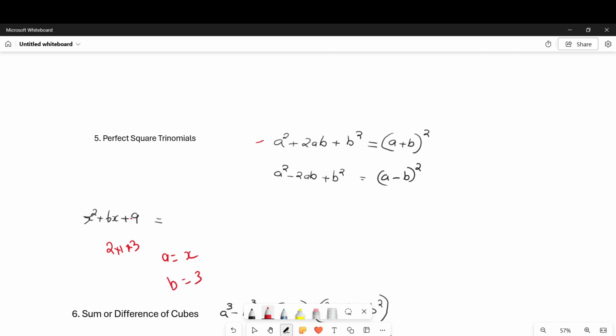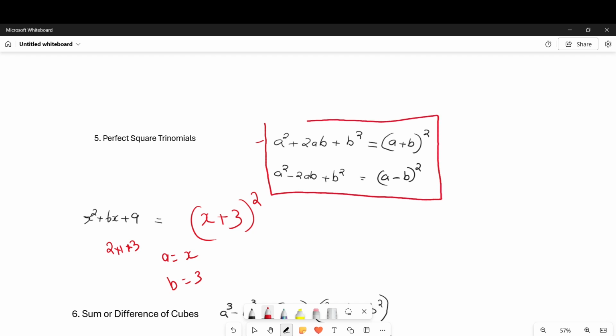So we can directly write this as x plus 3 the whole square. This is the factor. It has only one factor. This is how we use the perfect square trinomial equation to find the factors of this trinomial. Keep this equation in mind, and whenever you see an expression like this, directly jump to this factor, the answer.